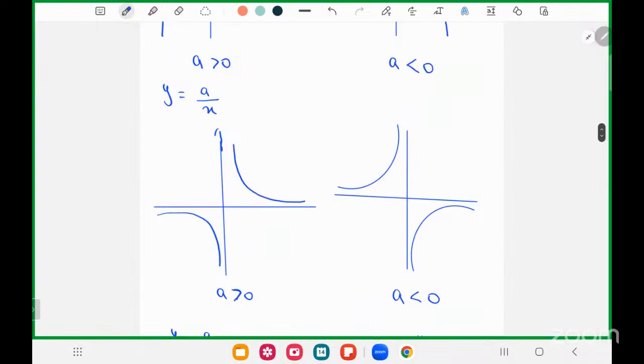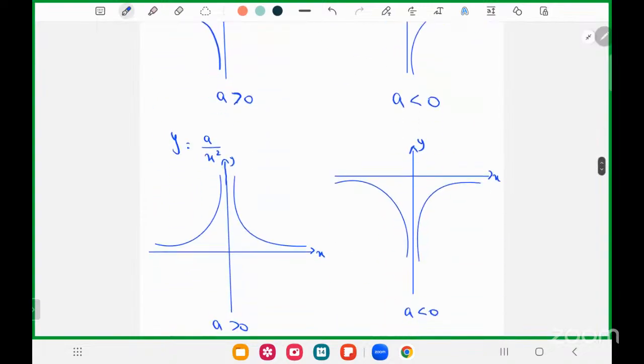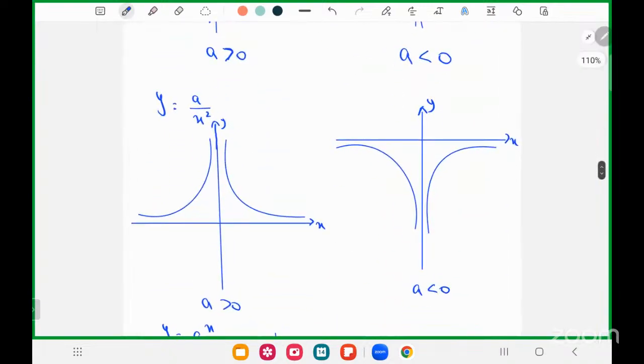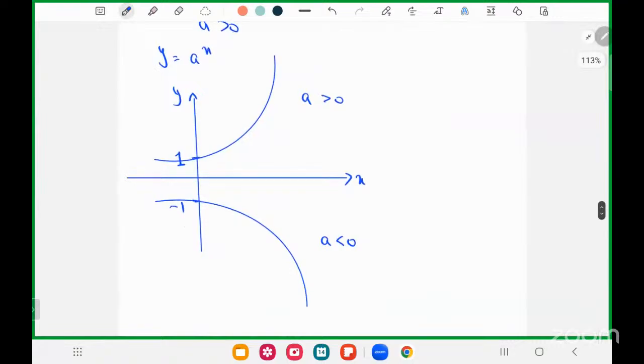The reciprocal graph will look like this. The squared reciprocal graph will be like this. And the exponential growth graph looks something like this.